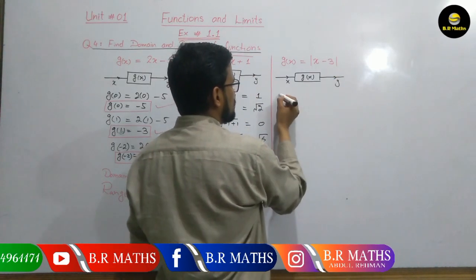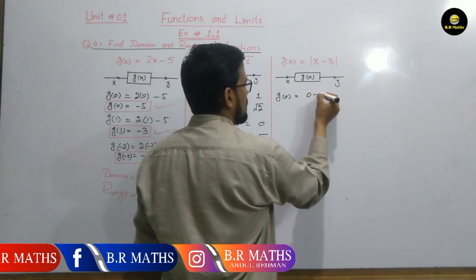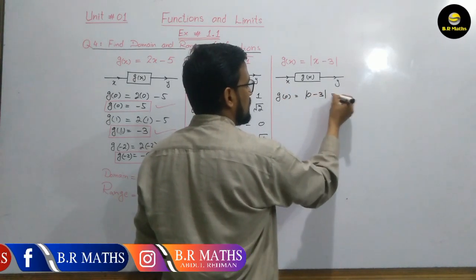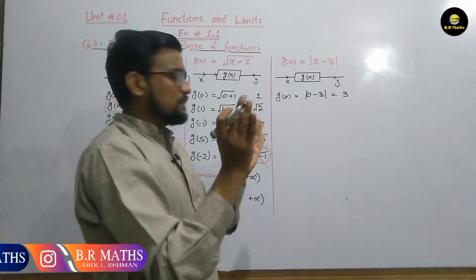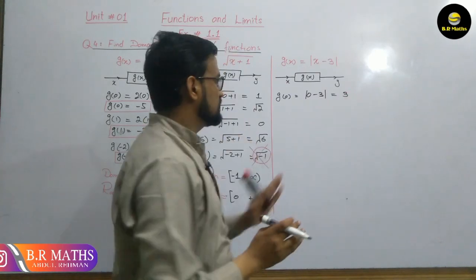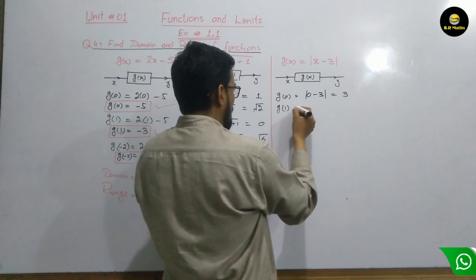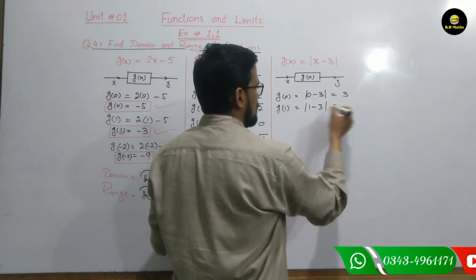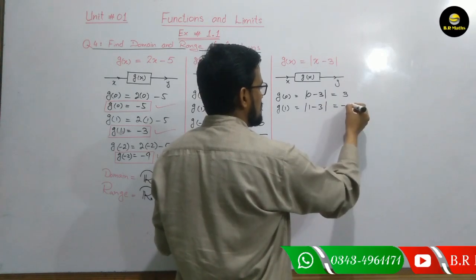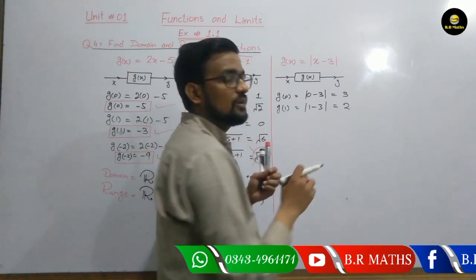So x is equal to 0: 0 minus 3 is minus 3, but with absolute value it becomes positive 3. Next, 1 minus 3, the result is minus 2, and with absolute value it becomes plus 2.